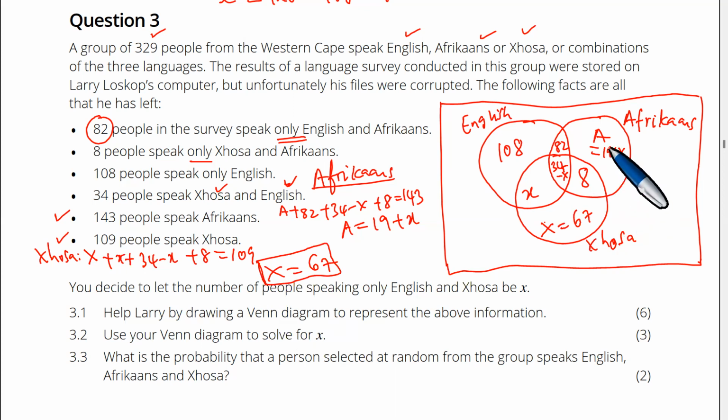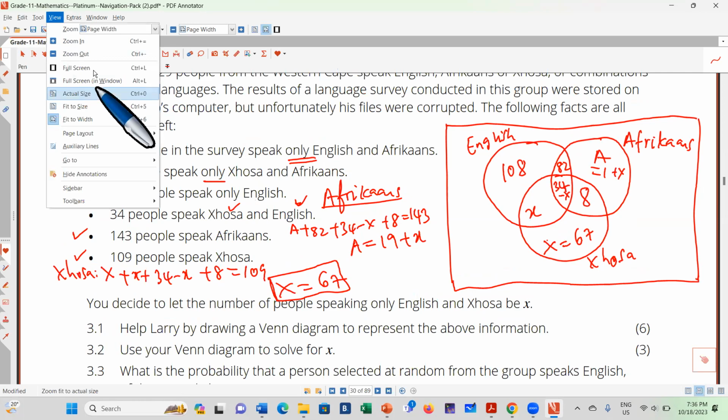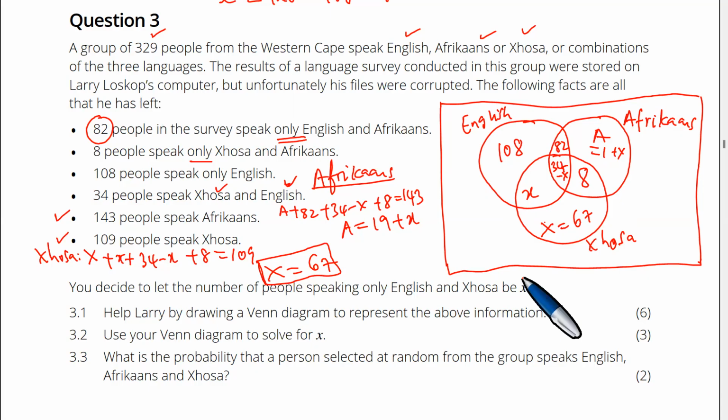Next. We continue. Okay. So the question was, help Larry by drawing a Venn diagram to represent the above information.